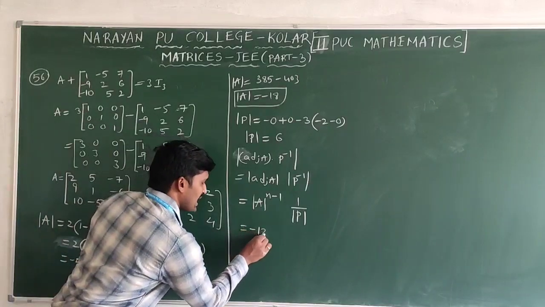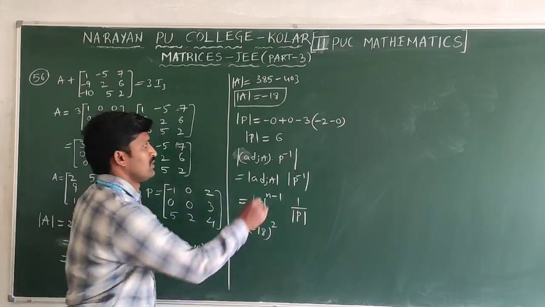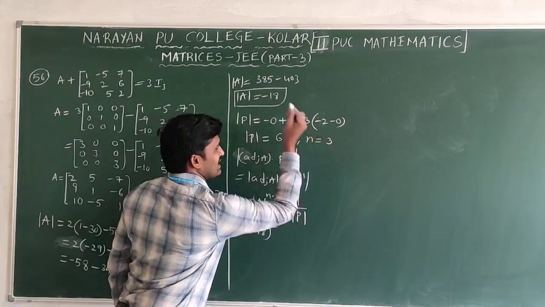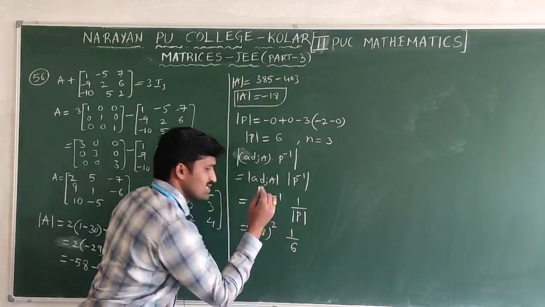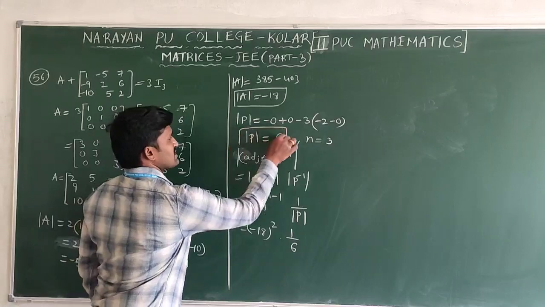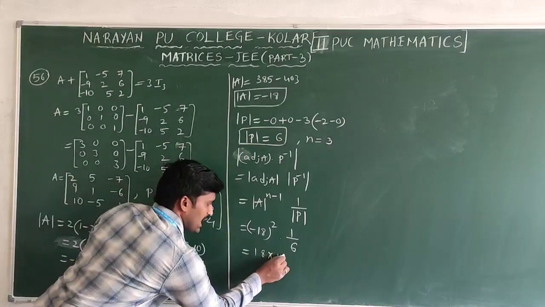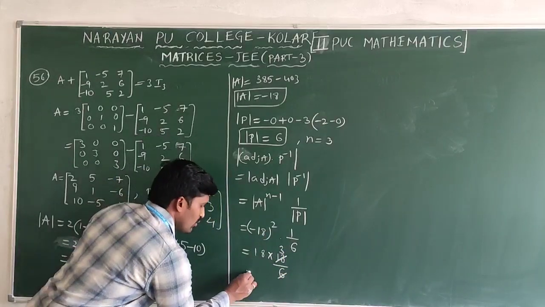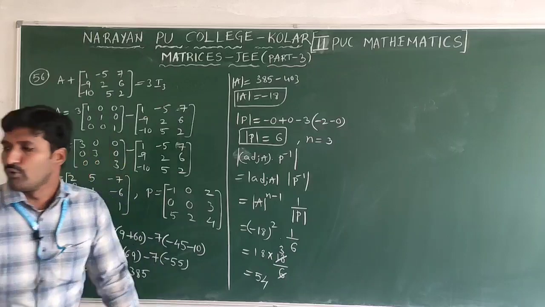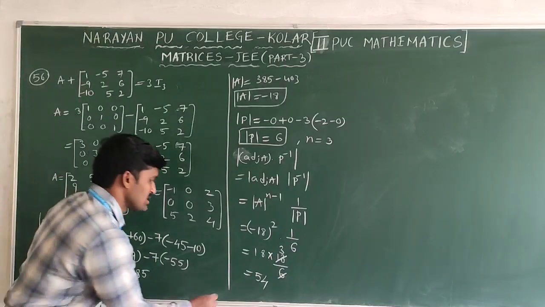So minus 18 whole power 3 minus 1, that means 2, here n value 3, into 1 by det P. How much did we get? 6. Det P value 6 is there already. Now minus 18 whole square means you can write like 18 into 18 by 6. 6 ones are 6, 3s are. What is the value we will get? 54. 54 means which option is correct? Option C is the correct one.